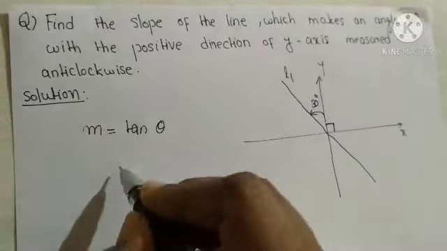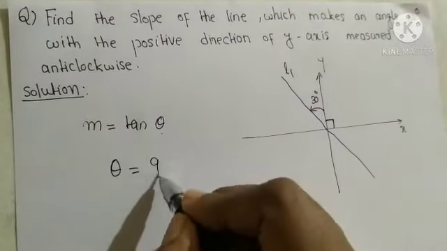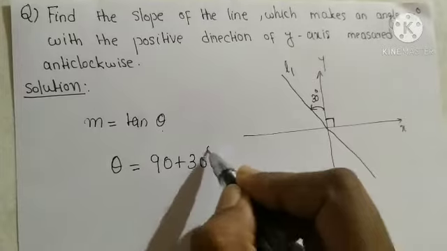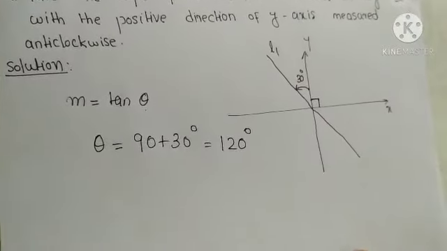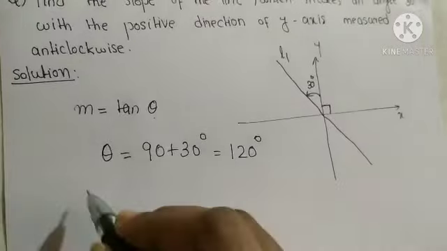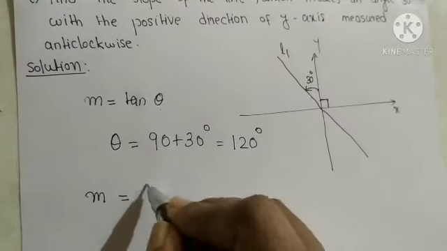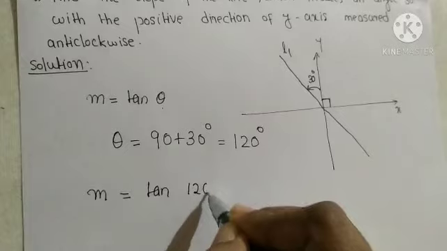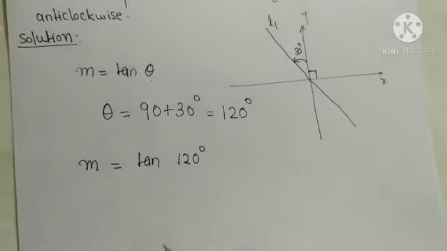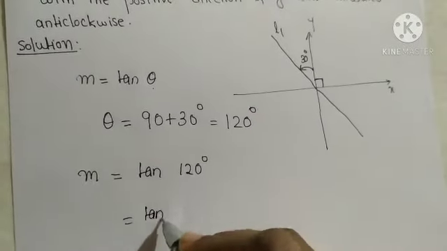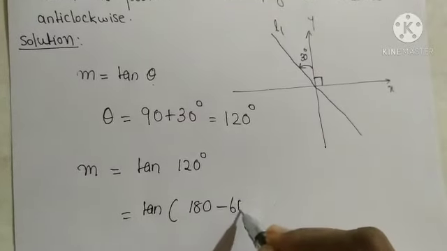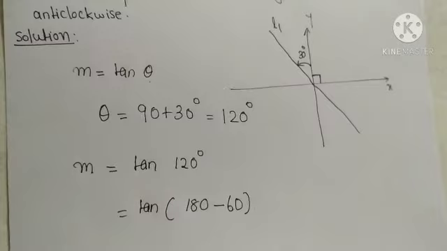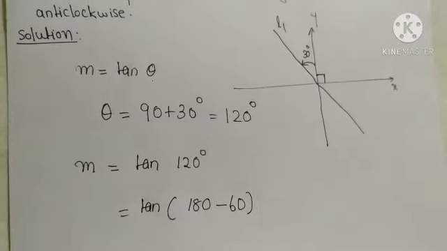Okay, so theta will be equal to 90 plus 30 degree, and it will be equal to 120 degree. Okay, so our slope will be equal to tan 120 degree. Next I am going to replace this 120 degree as 180 minus 60, which is equivalent to 120 degree, right?